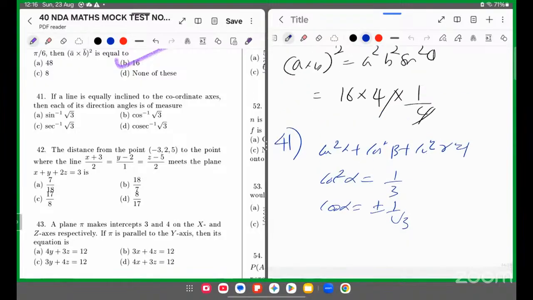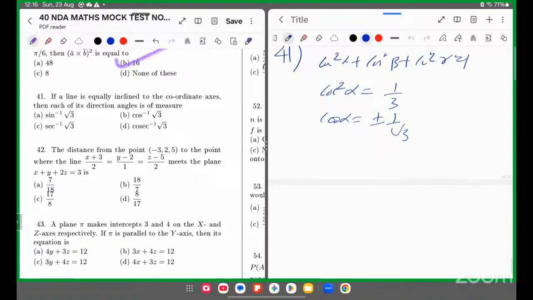So cos alpha equal to 1 by root 3 means alpha equal to cos inverse 1 by root 3. But we can say that sec alpha equal to plus or minus root 3. So alpha can be written as sec inverse root 3. So option C will be the answer.